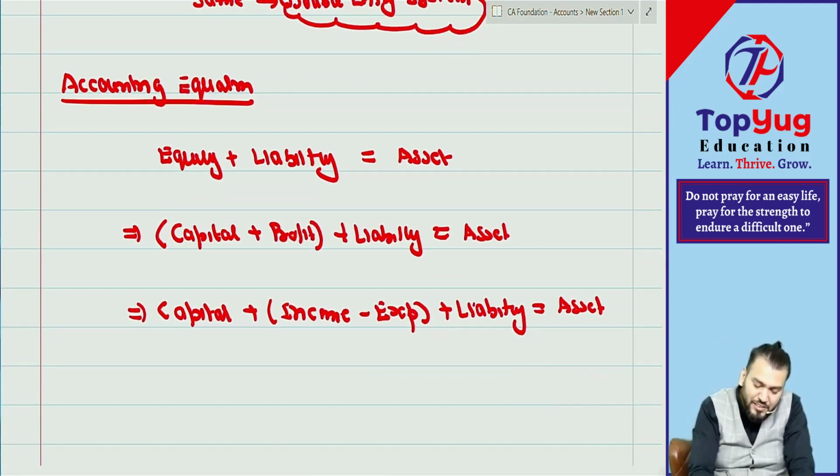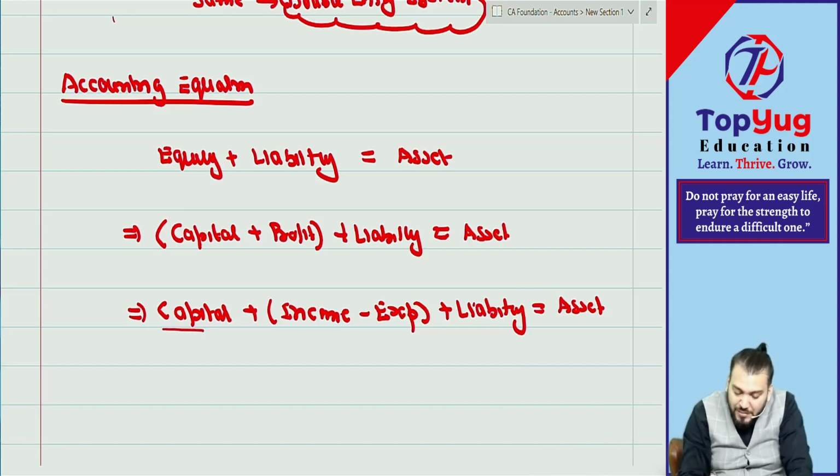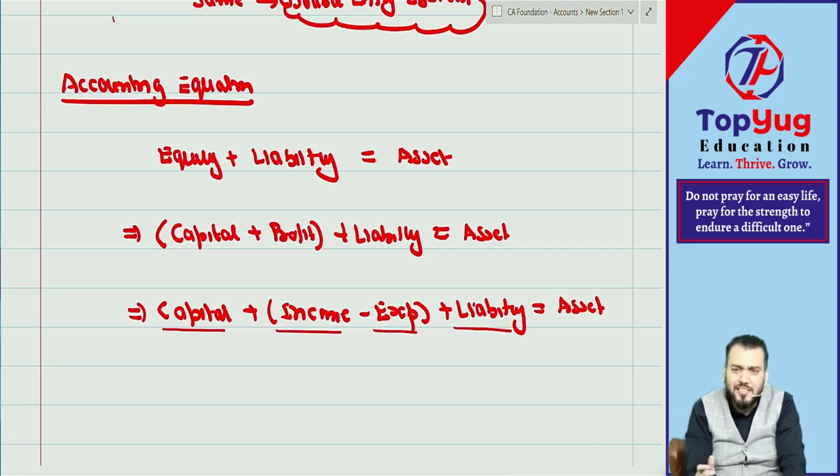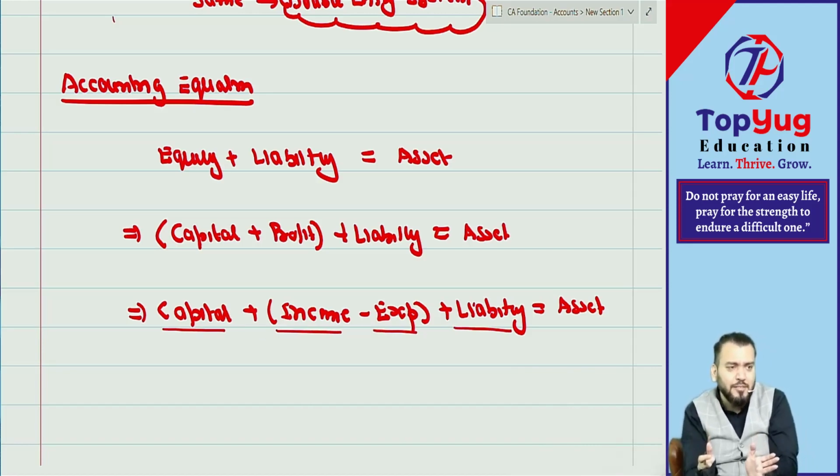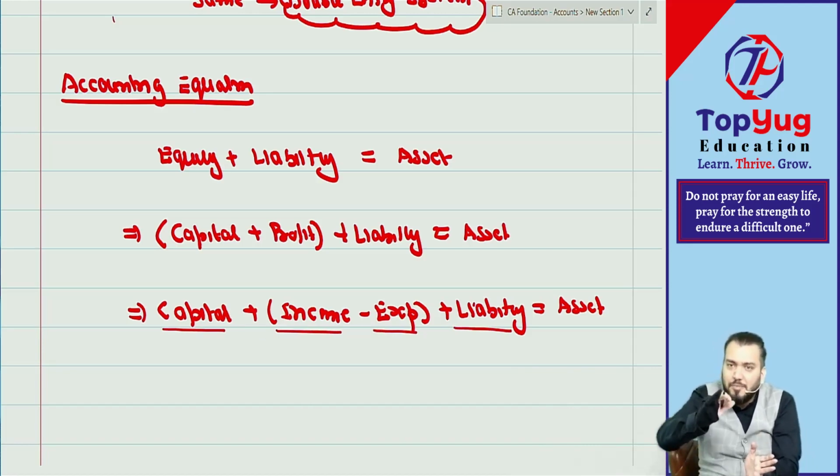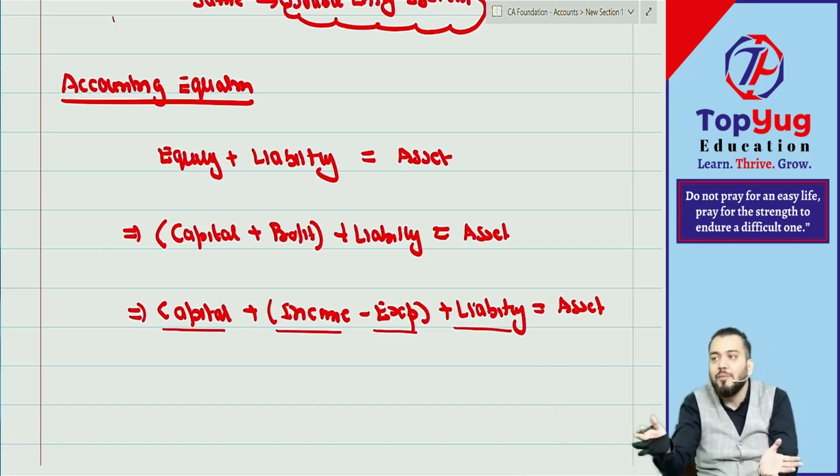Are you able to understand? You know a little mathematics, because now we are dealing with mathematics here. Equation means mathematics. So capital is a plus item, income is a plus item, expense is a minus item, liability is a plus item. So let us keep plus together, and if I transfer minus from the left hand side to the right hand side, it will become plus.